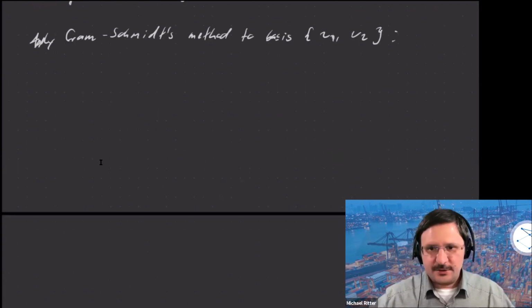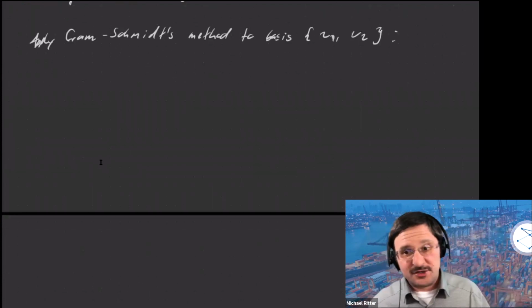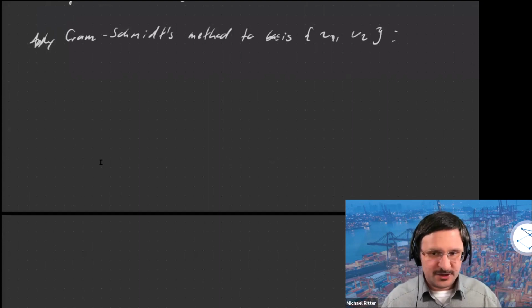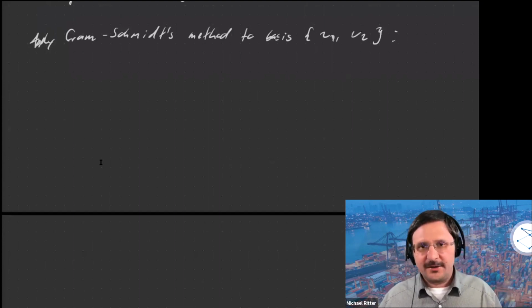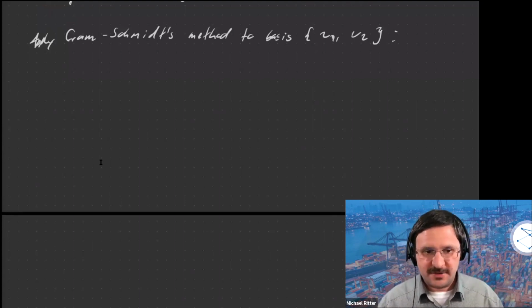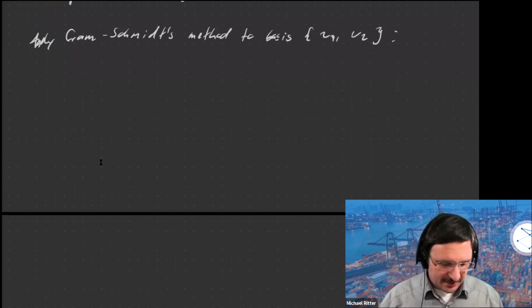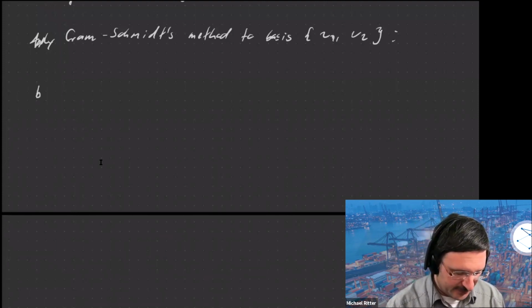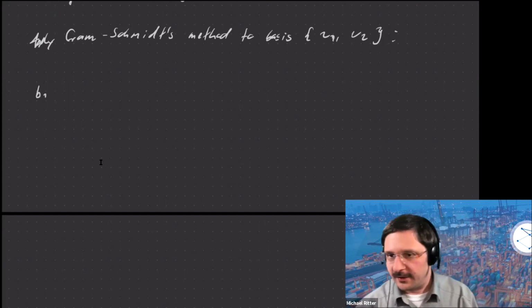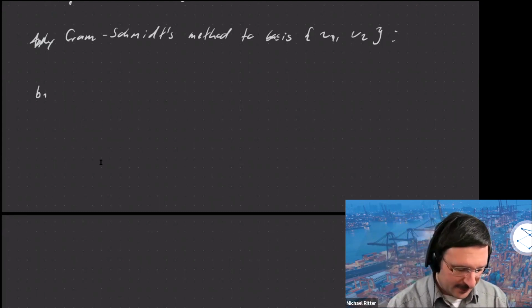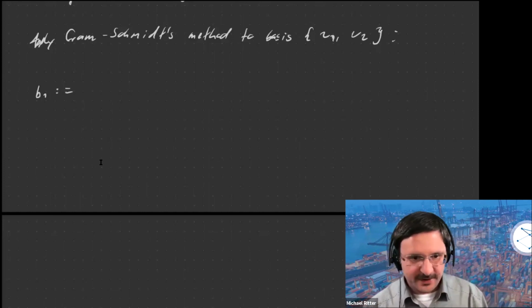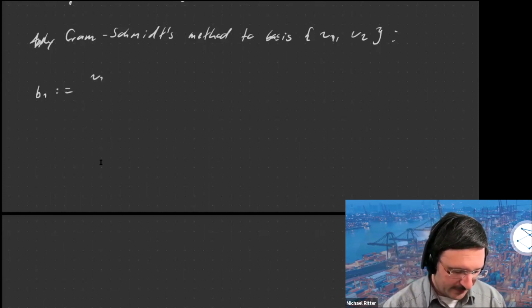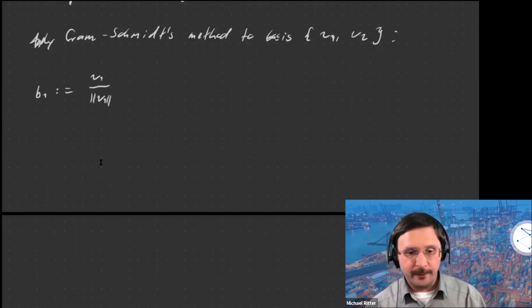The steps that you do are basically the same as we just did in the projection before, just a little twist. We start with the first basis vector. Which one is the first? That's arbitrary, that's up to you. So here we'll start with v1. We'll define the first basis vector of our ONB. I'm calling those b1 and b2. So the first basis vector of our ONB is going to be the vector v1, and we're going to normalize it. So we're going to divide v1 by its norm.